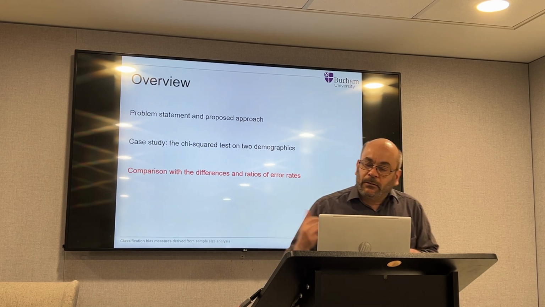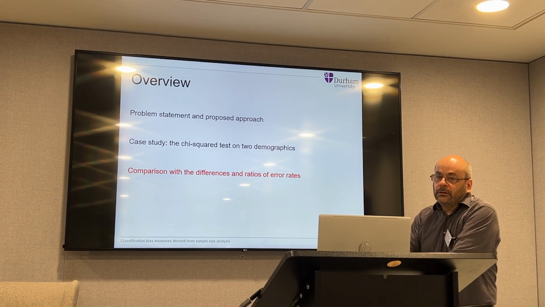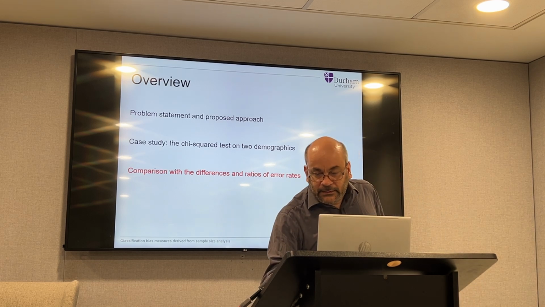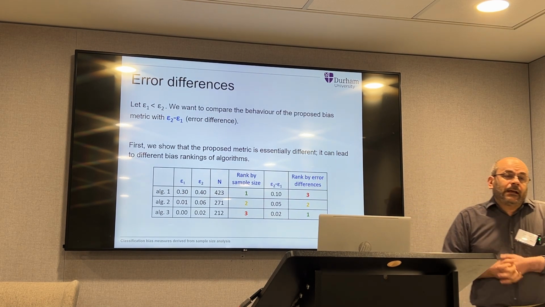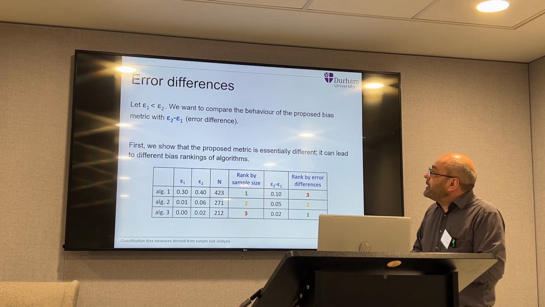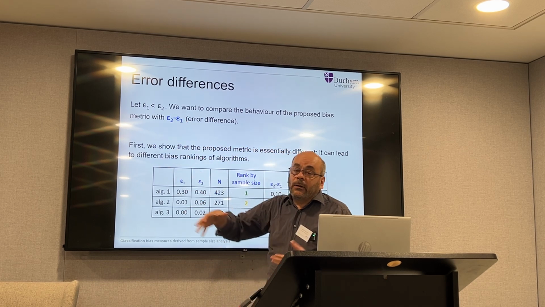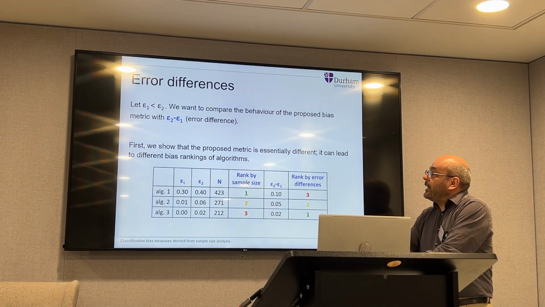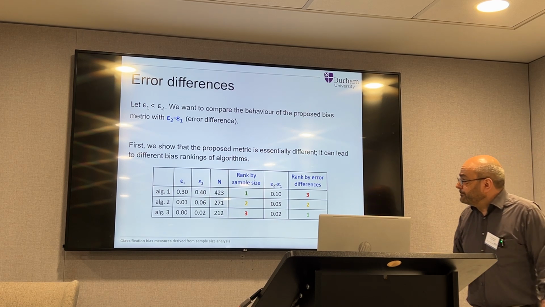For that reason, we'll concentrate here on ranking, so we don't worry about this multiplicative constant. So what I want to do now is to compare it with error differences, the proposed, let's say, bias metrics: E2 minus E1, the difference of the error rates, and then I will do the same with ratios.